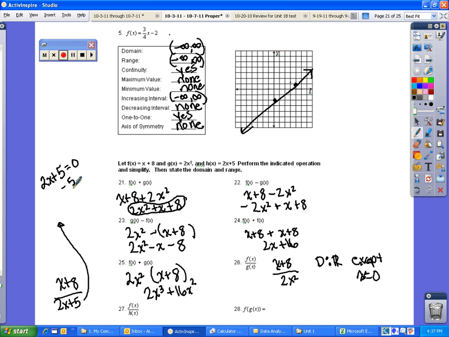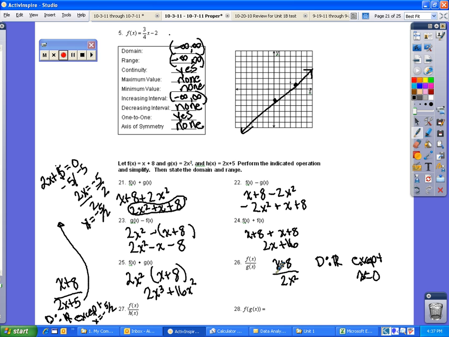So I'm going to subtract 5, so those cancel. I'm left with 2x equals negative 5. Divide both sides by 2, and when x is negative 5 over 2 is when the bottom's going to equal 0. So therefore my domain is going to be all real numbers except when x equals negative 5 over 2.